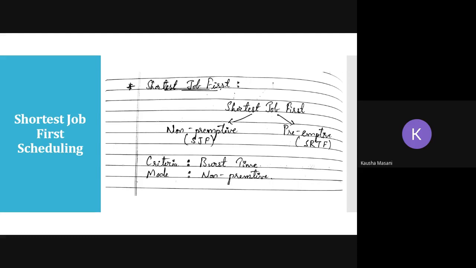Here the mode is non-preemptive, that's why SJF, and the criterion is burst time. Shortest job first can also follow the preemptive approach, and when it does, it is known as SRTF, shortest remaining time first. We will do the non-preemptive examples first, then go for SRTF if time remains.